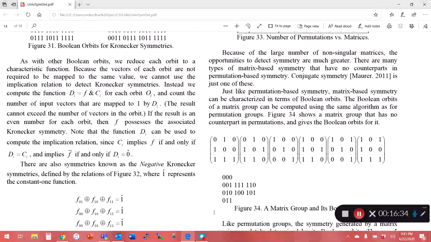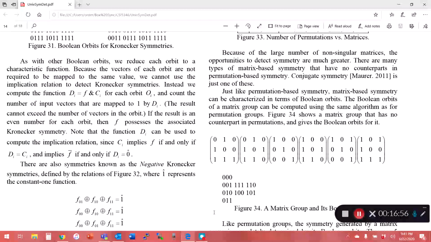And we can test this with respect to a function where we want to determine whether or not the function has a Kronecker symmetry.